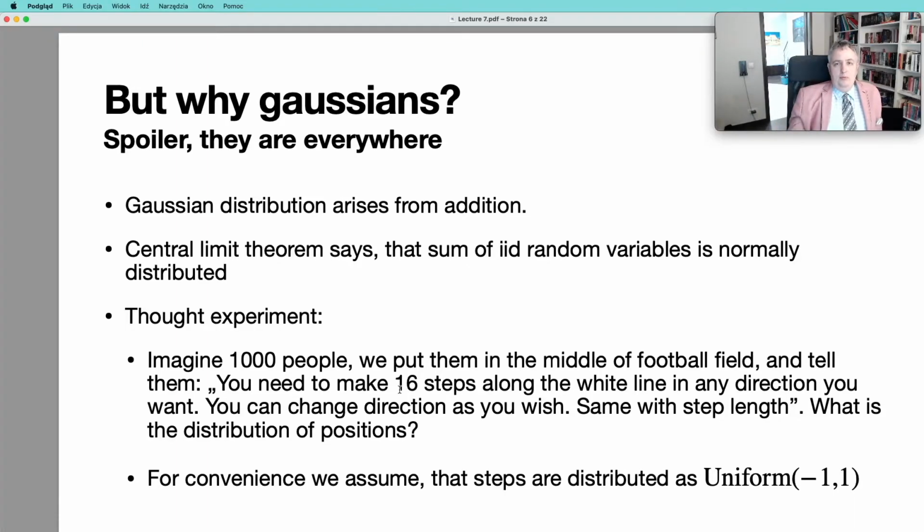So you move along the line, either left or right, randomly. Mathematically speaking, you take a step uniformly distributed between -1 and +1 meter. So how will the positions of those people behave after making those steps? How will they walk around the field?